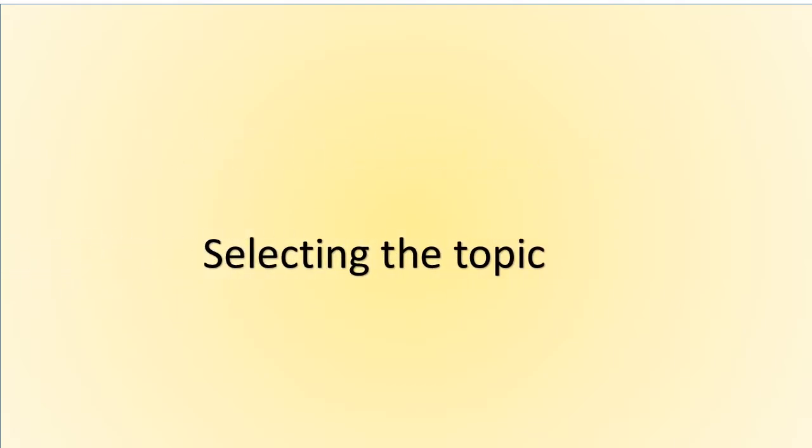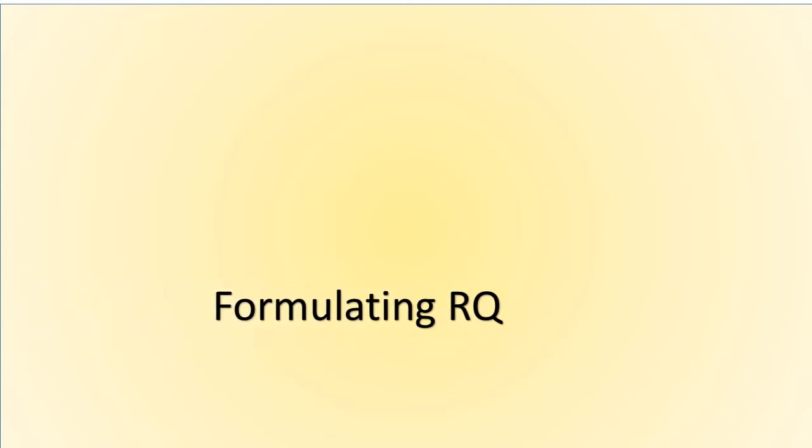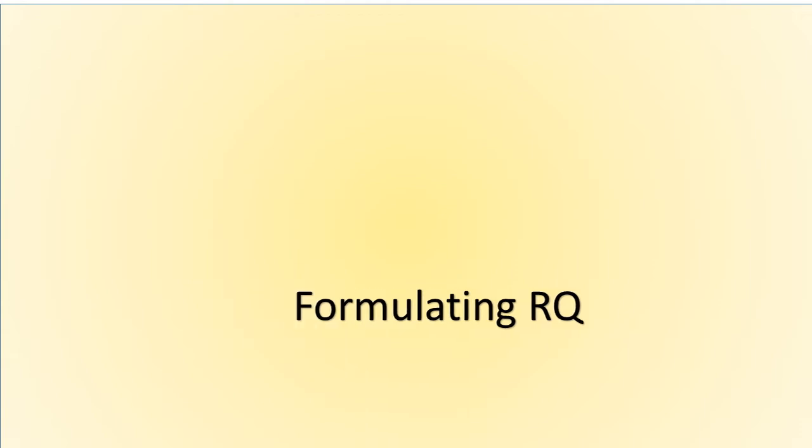In the previous part, part 1, we discussed how to select the topic, that you should narrow it down into your field of interest. Do not make it too wide or too big. We also talked about how to formulate research questions, that they should be feasible and worth investigating.